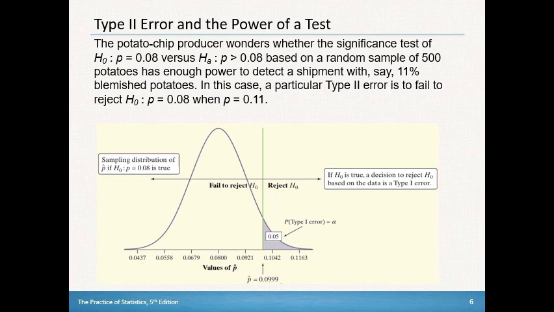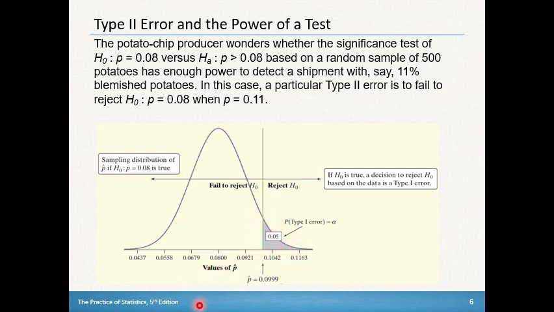And so that's what this is talking about, right? So we kind of see here the threshold. The shaded region down here is indicating the alpha, our 5% shaded region.